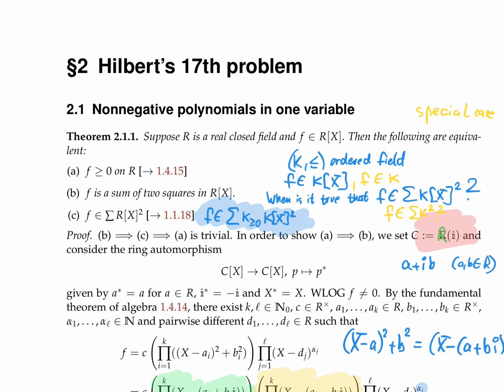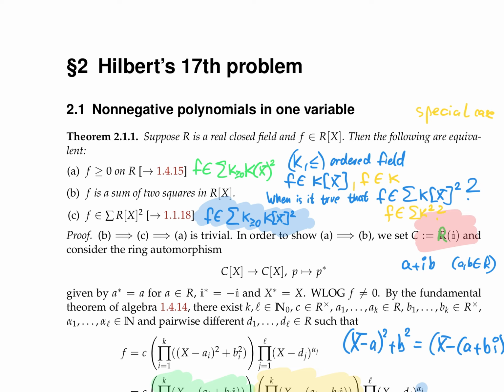But you could also look here again at a similar condition, that f is a sum of weighted squares with non-negative weights of rational functions, right?